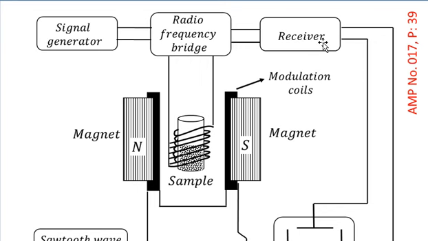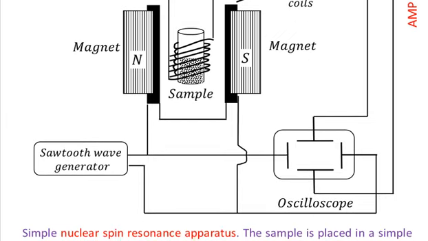So the receiver which consists of the power meter will record the change in current through the sample, and then the signal can be displayed on the oscilloscope shown over here. This is the sawtooth wave generator signal which is fed to these two permanent magnets.